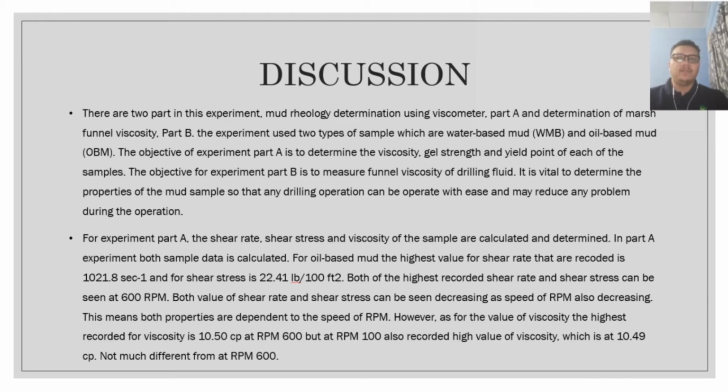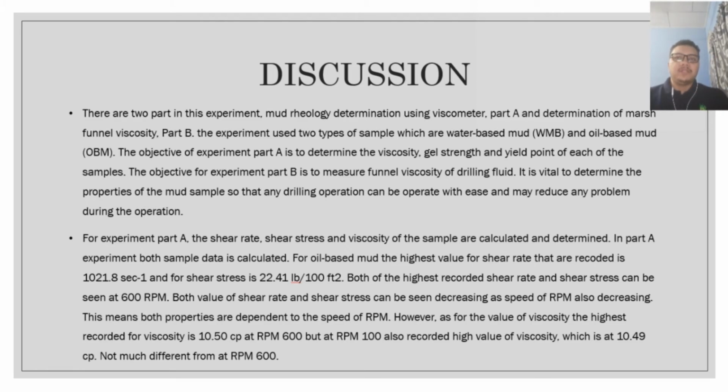The highest value recorded for shear rate is 1031.8, and for shear stress it is 22.41 pound per 100 feet squared. Both of the highest recorded shear rate and shear stress can be seen at 600 rpm.